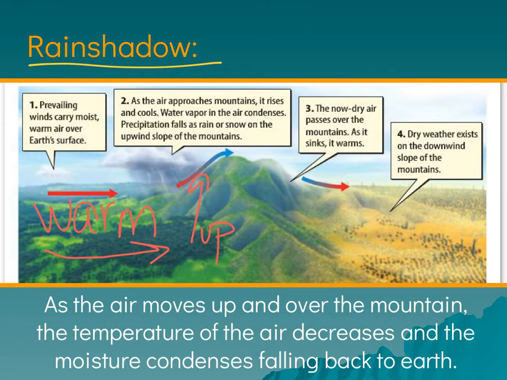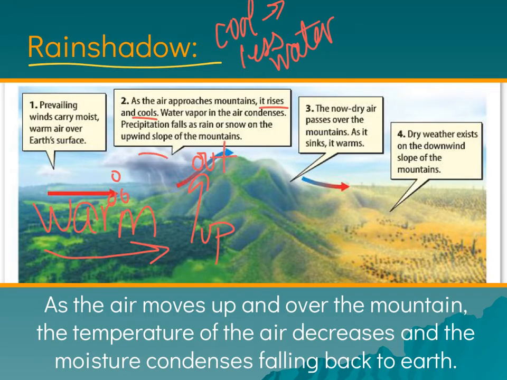And as it does that, it rises up and cools. And reminder that cool air holds less water. So all that moisture trapped in the air over here is actually squeezed out. And so here we can see a little cloud and rain coming down. Squeezed out on this side, giving it a much more lush type of environment.